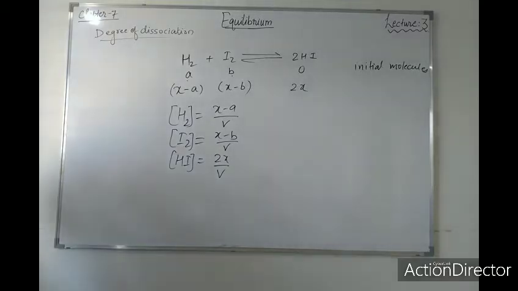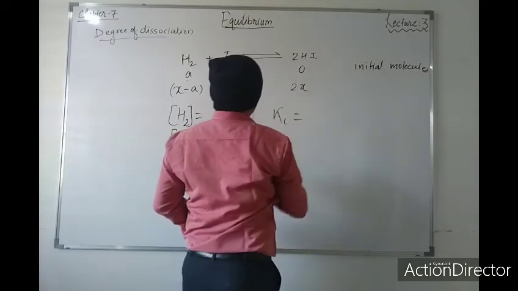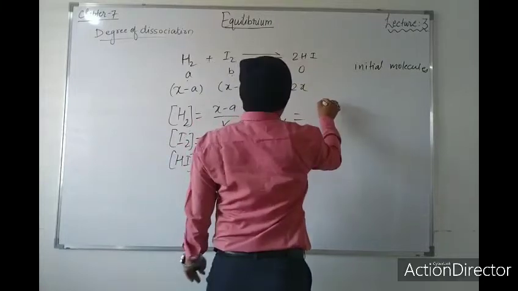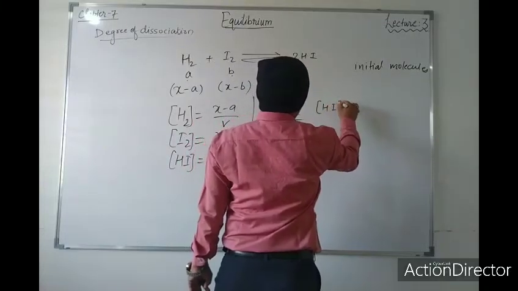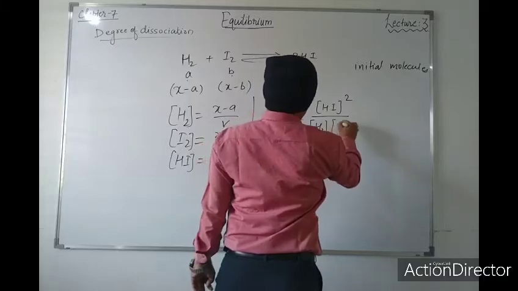Now apply the law of mass action. The equilibrium constant will be, as you can see, there are 2 hydrogen iodide in the product side, so hydrogen iodide to the power 2 upon hydrogen and iodine.